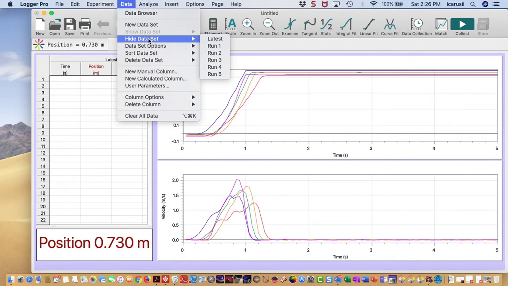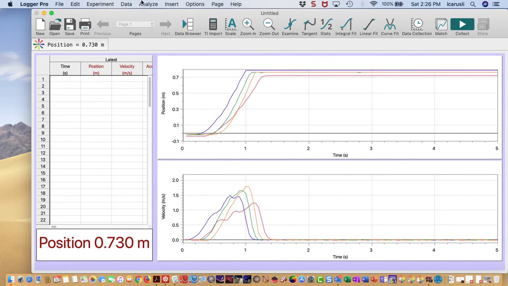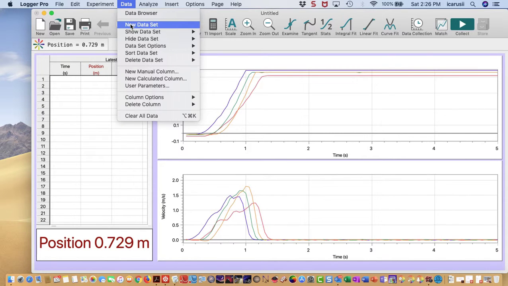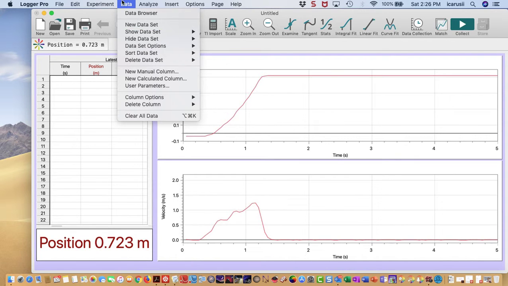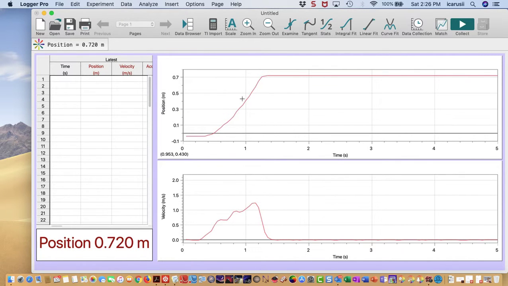I'll start by hiding the other data sets and just going for the slope of the position versus time curve. Okay, so here's run one. And I'm thinking that for the most part, this becomes linear right about here. So let's do a linear fit.